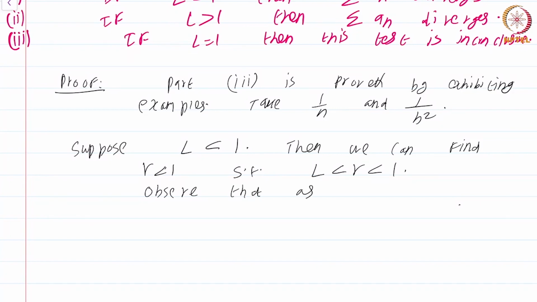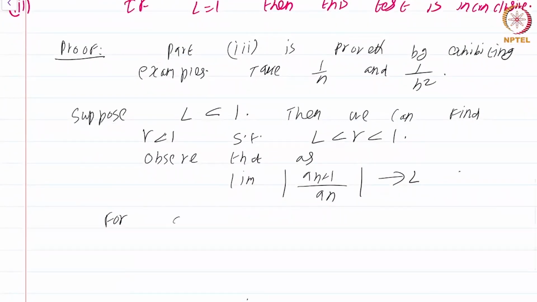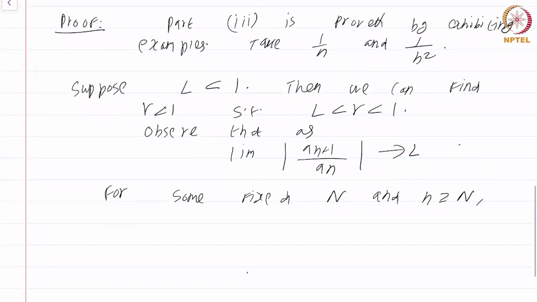Now observe that as mod an plus 1 by an converges to L, for some fixed capital N and small n greater than or equal to capital N, we have mod an plus 1 by an is less than small r.